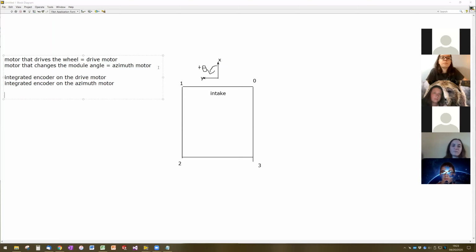And then we have another encoder, which right now we'll call the extra encoder on that Azimuth motor. Does someone want to talk about or guess as to why we've got an extra encoder on the Azimuth motor?